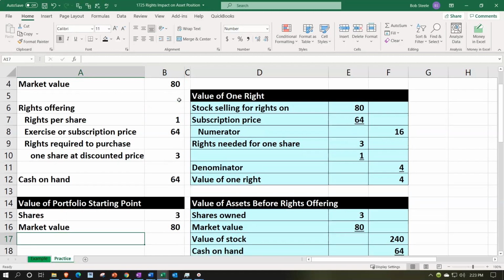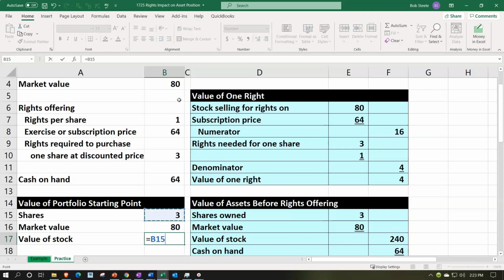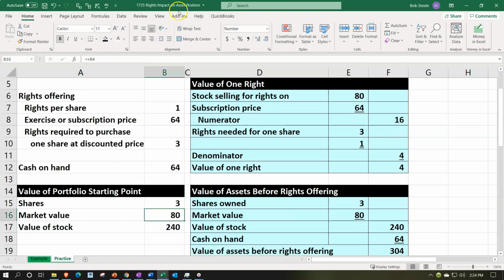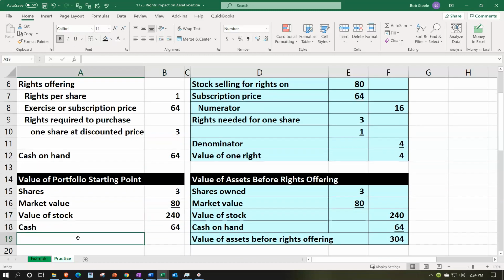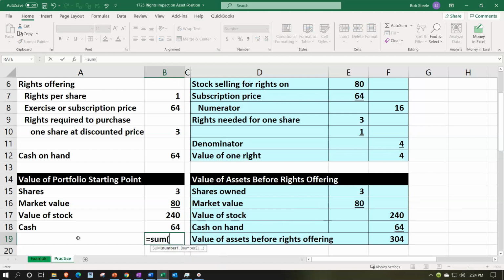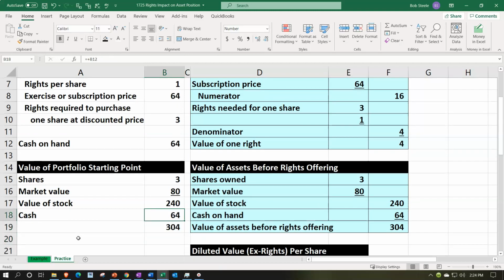And that's going to be the value of stock in our portfolio, which would be 3 times the 80. Underlining that, font group and underline, and then we had cash on hand, which was the 64. That is going to be the sum of these two, the 240 and the 64.